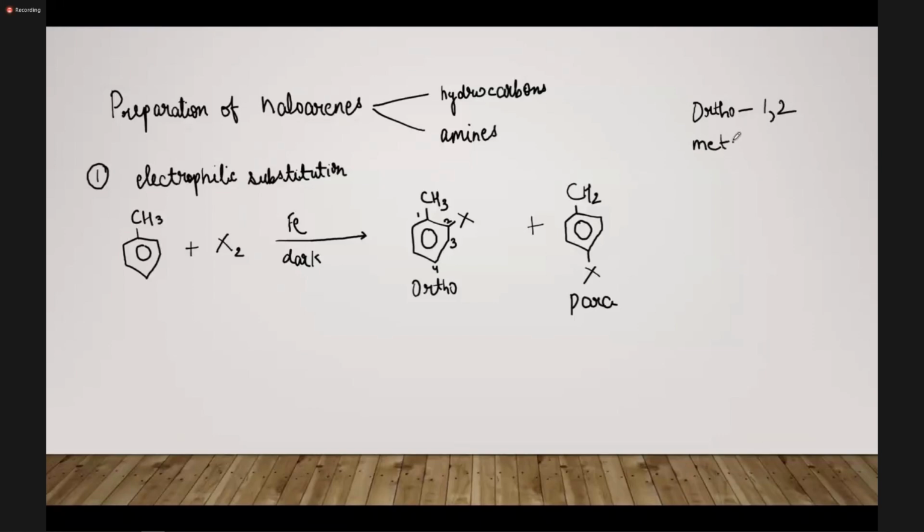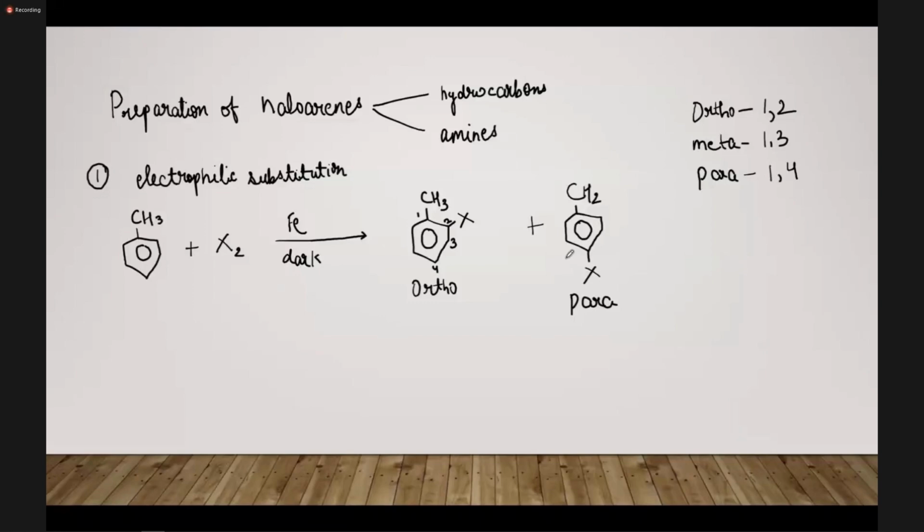We call it meta when the two substituents are attached in 1 and 3, and para when they are attached in the 1 and 4 positions, that is, just the opposite position.